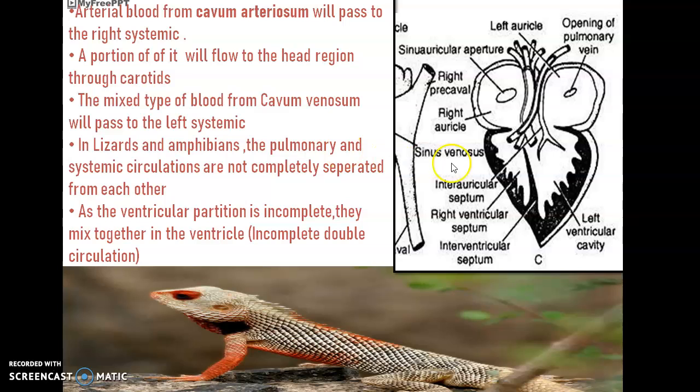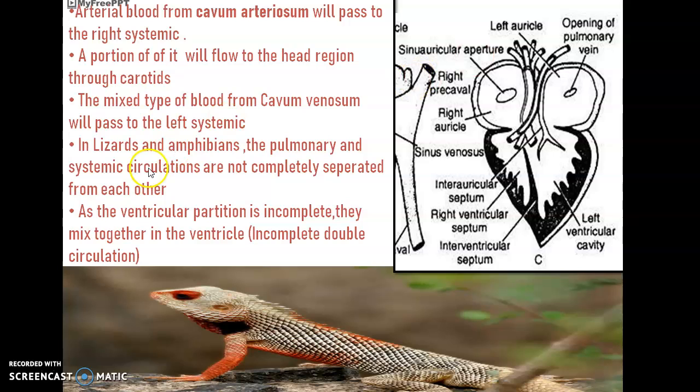Pulmonary circulation is nothing but the pumping of deoxygenated blood from the right part of the ventricle into the pulmonary artery, which enters into the lungs for purification. And after the purification is over, the oxygenated blood enters into the left auricle by means of the pulmonary vein. This is called pulmonary circulation. And systemic circulation is nothing but, from the left part of the ventricle, the oxygenated blood will move into the right systemic arch for passing all the oxygenated blood to different parts of the body.